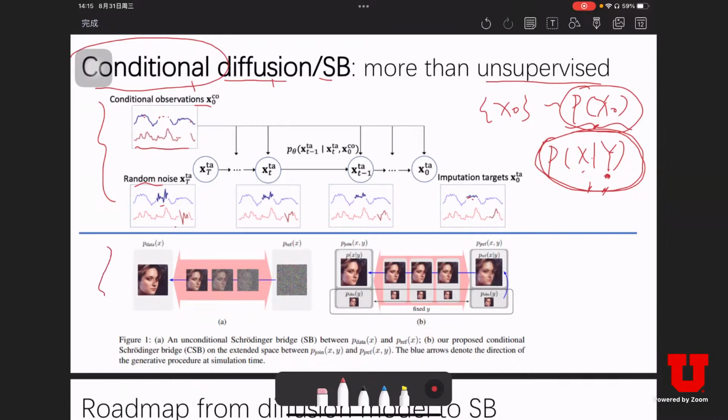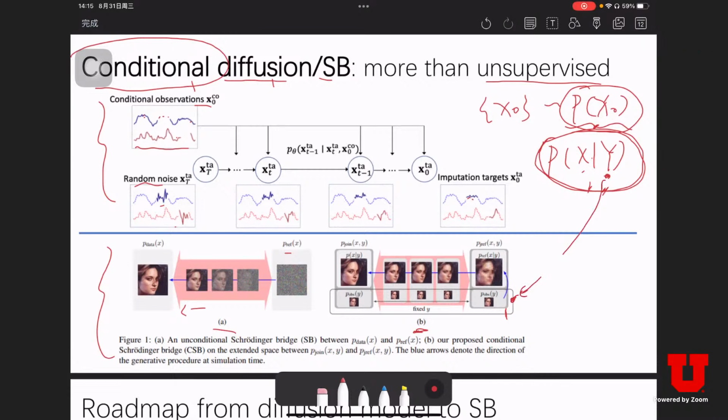Another case here is conditional image generation. Figure A is just the pure unsupervised generative model. We give it a noise, and we want to use this noise to generate some image. However, for B, using the conditional Schrödinger bridge, we fix the conditional part, which is the Y here.